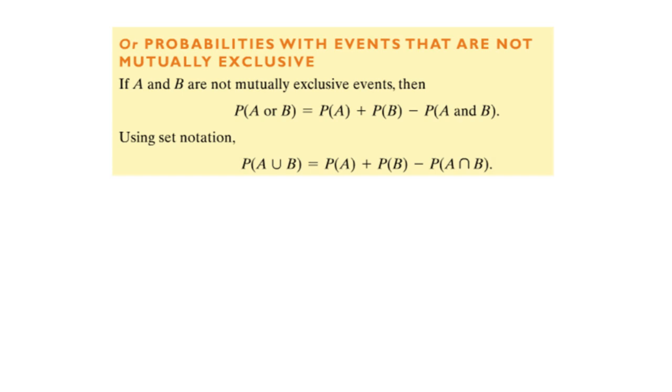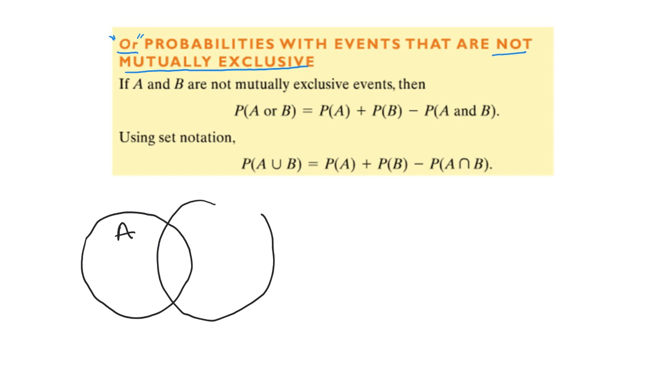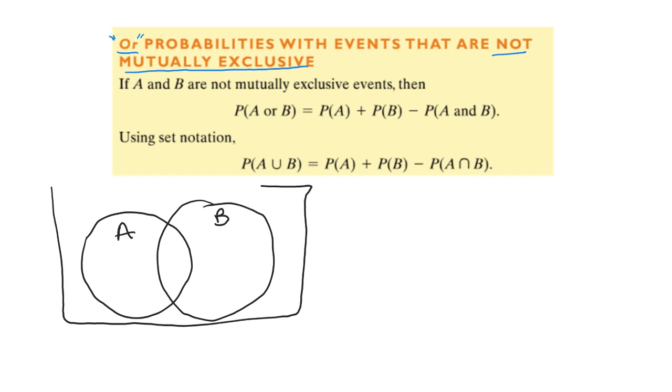This time we still have the word "or," but it says probabilities with events that are not mutually exclusive. If you want to know what that looks like, we would have event A here, and this would be event B, and there's my Venn diagram.